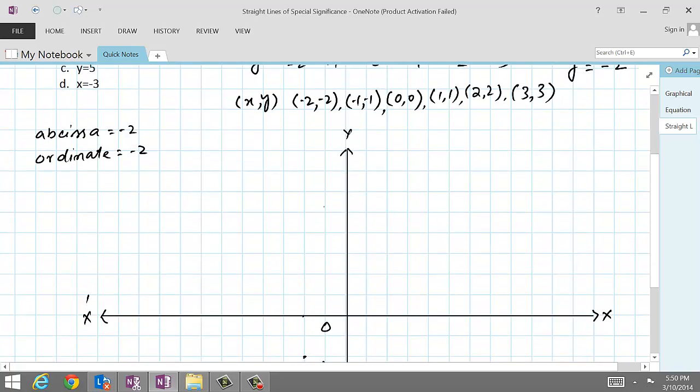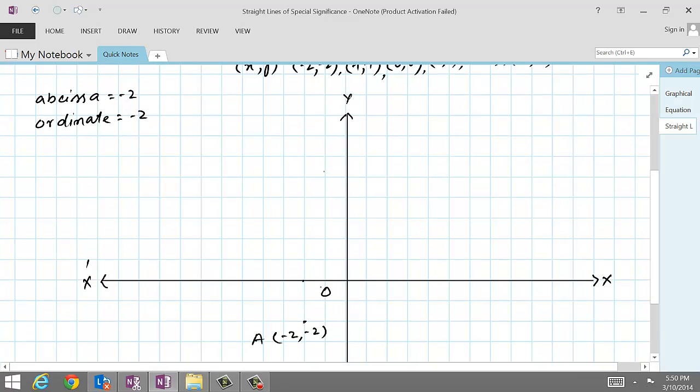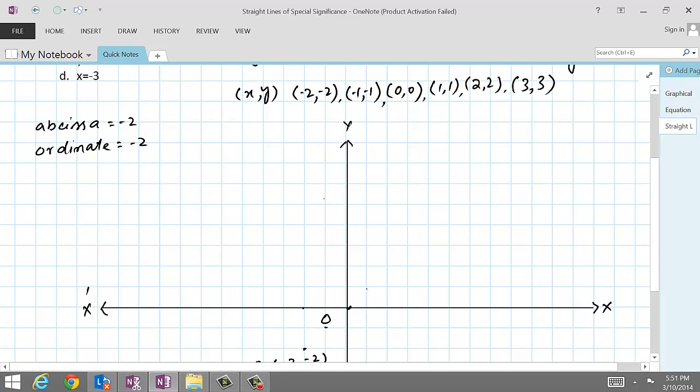The next coordinate (-1, -1) will be right here. (0, 0) will be here. (1, 1) will be right here. And (2, 2), (3, 3), (4, 4), (5, 5).